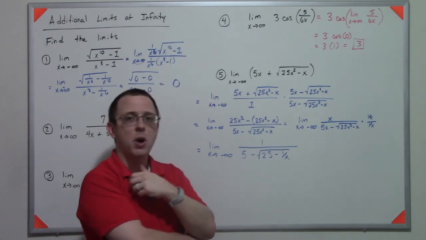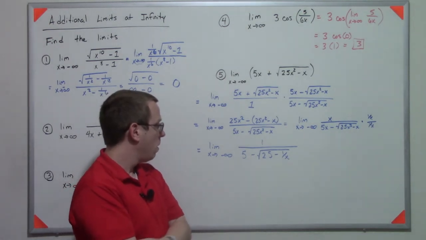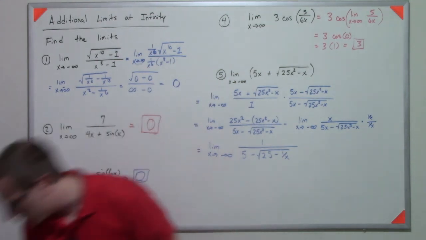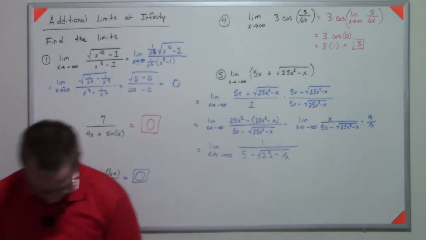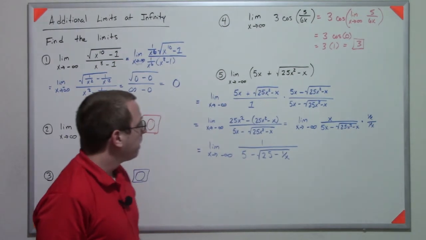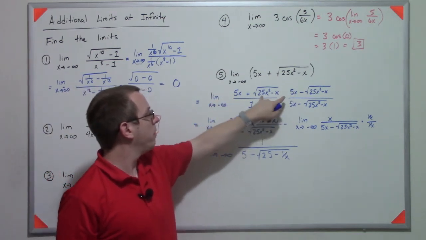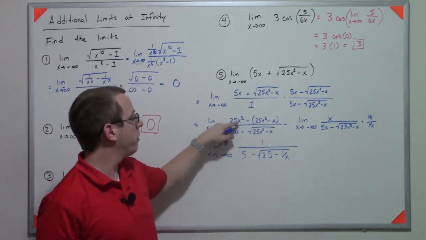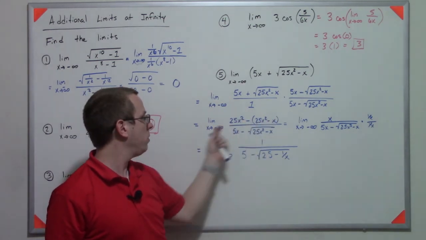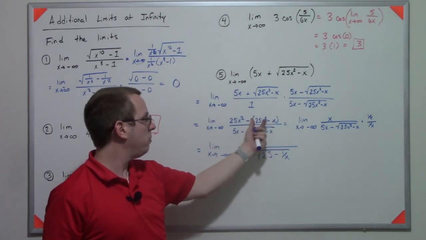So as x goes to positive infinity, or negative infinity here, let me check my notes. I've got something different written down in my notes. So if I multiply by 5x and negative here, I should get 25x squared minus, technically that becomes an absolute value. As that goes to negative infinity, though, that's basically the same thing.